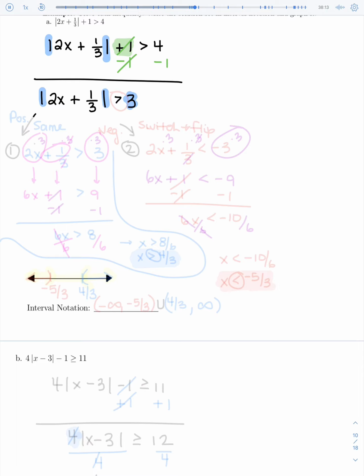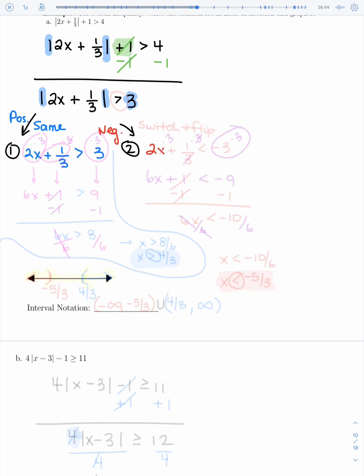So let's look at our positive version of our inequality first, where everything should stay the same. Remember, what's inside of the absolute value always stays the same. That's (2x + 1)/3. And we'll keep our 3 as a positive 3 and keep the direction of our inequality as well. Let's take a look at our negative version of our inequality, which again, whatever is inside the absolute value will stay the same.